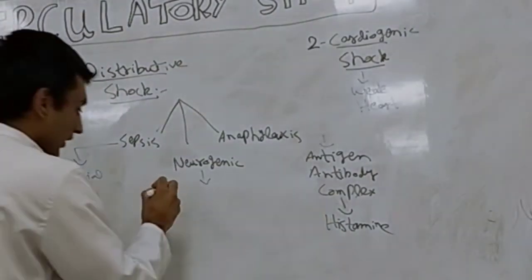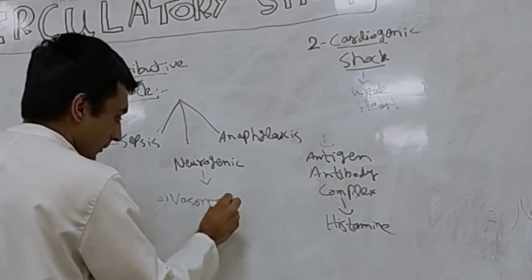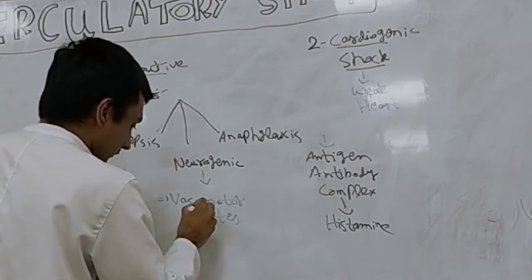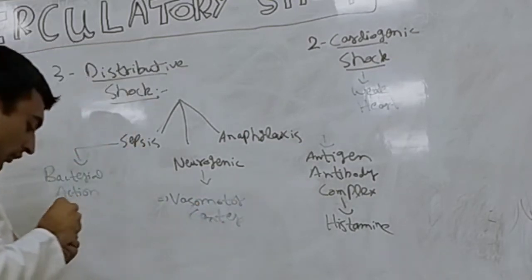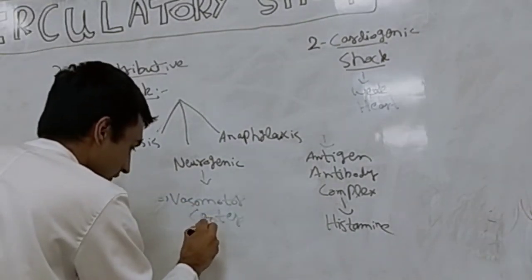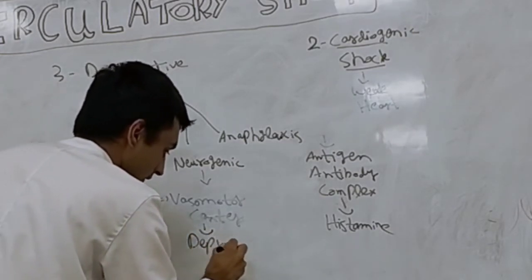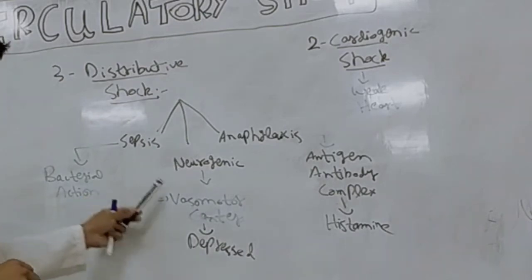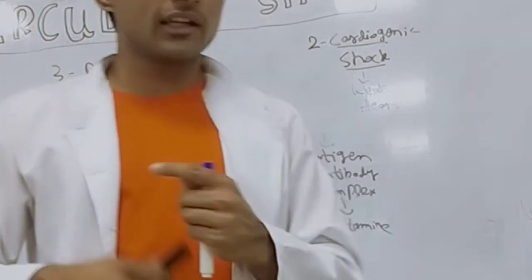So in this case the vasomotor center is depressed, and the vasomotor center, we know, is responsible for the release of the sympathetic impulses.